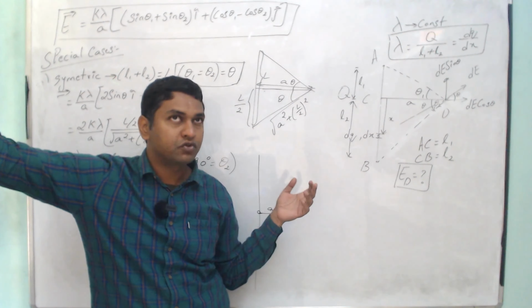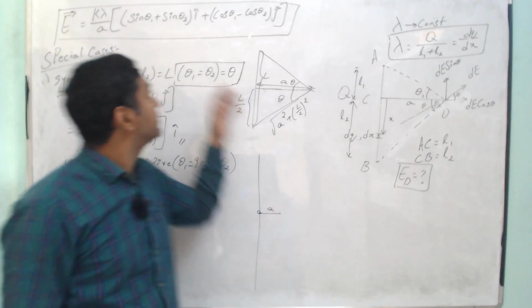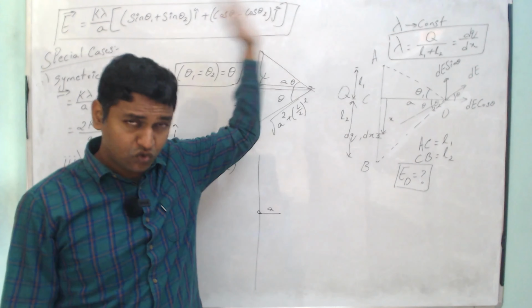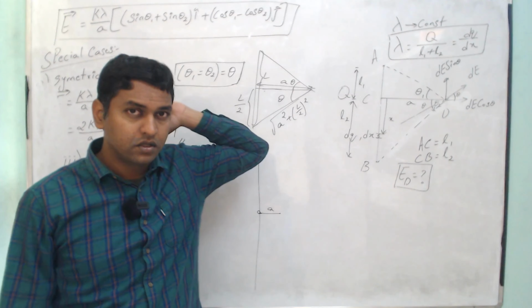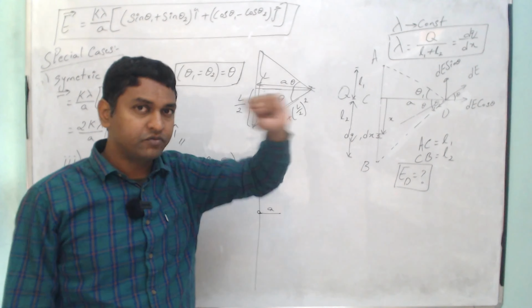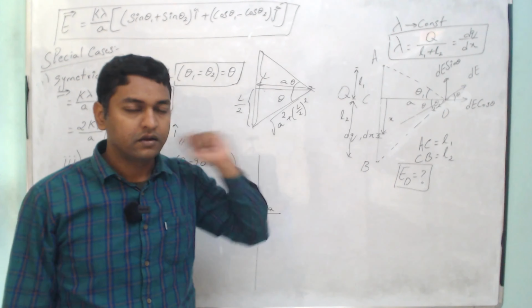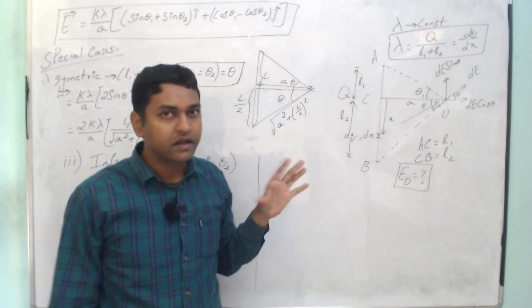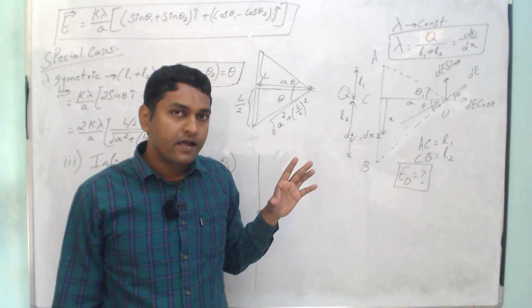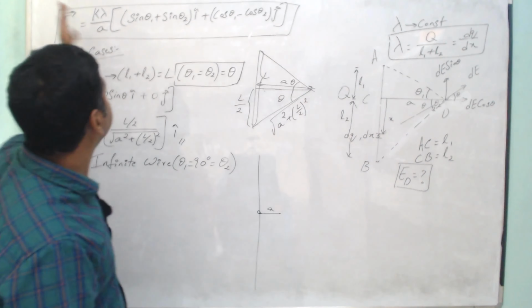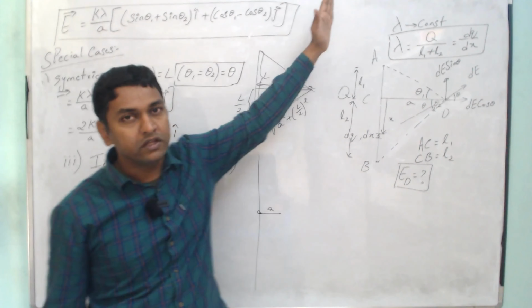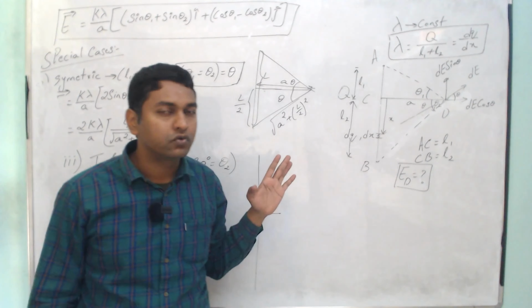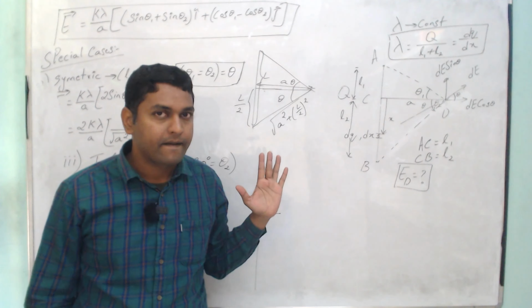So we can take multiple values, 37 degrees, 53 degrees. We have to be well versed with this formula, and we have to have the figure recorded well in our head. When we are recording this thoroughly, all we have to focus on is the value of theta 1 and theta 2.